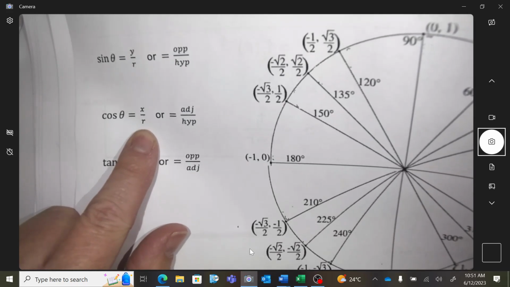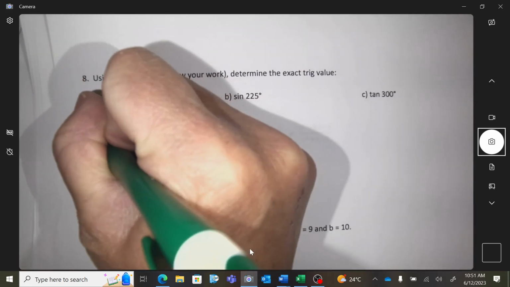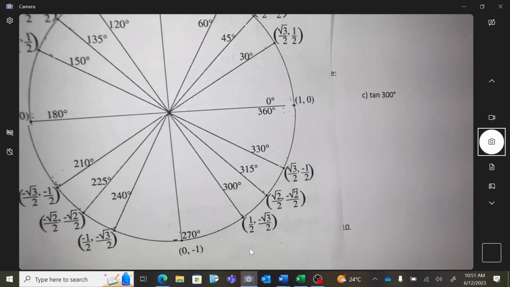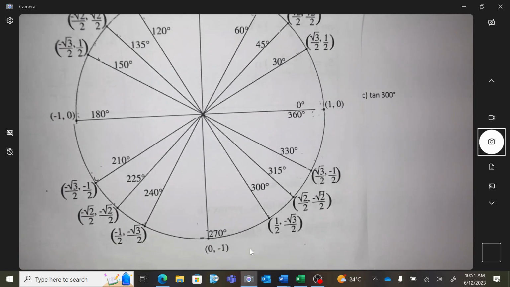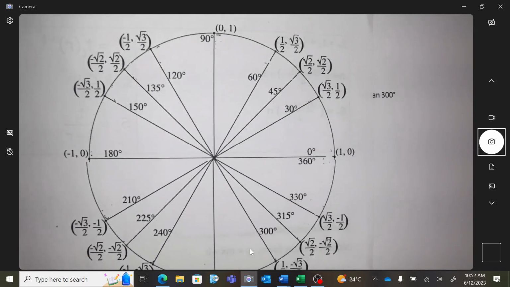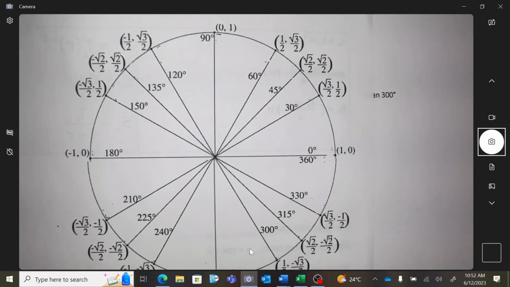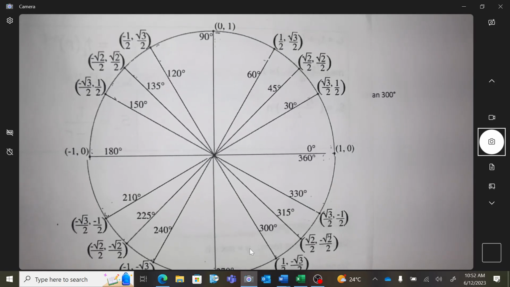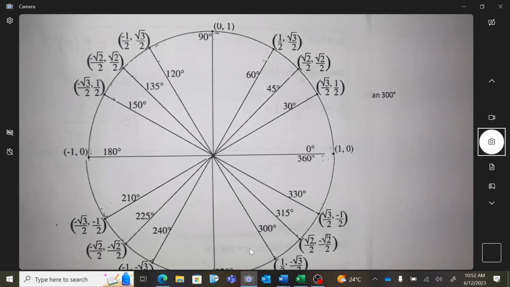X over R. There is something special about the unit circle. What is the special thing on the unit circle? Why is it called the unit circle? Equals 1. What equals 1? Something equals 1. The y, it goes out to 1.